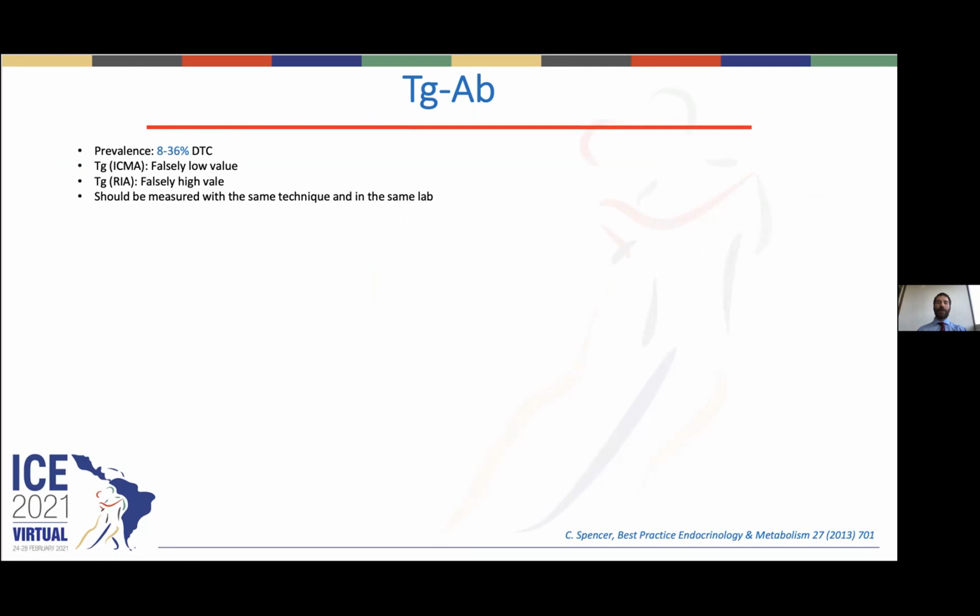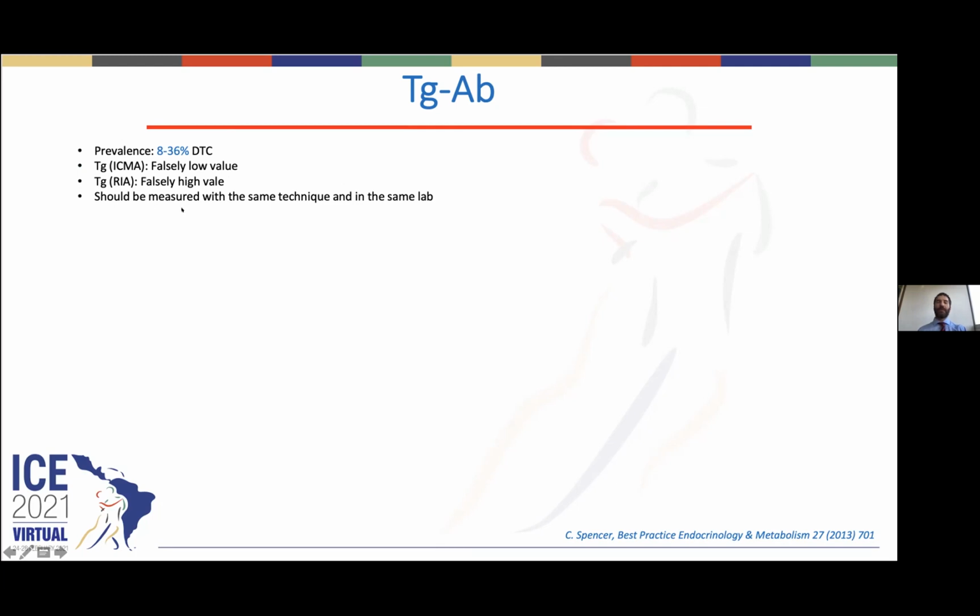So it is important to know that any time that we do the follow-up of the patient and measure thyroglobulin, we have to measure also thyroglobulin antibodies. Why? Because they have a prevalence of 8 to 36%. They can induce falsely low values of thyroglobulin when we use chemiluminescence assays of thyroglobulin, or they can give us falsely high levels of thyroglobulin when we measure it with radioimmunoassays.